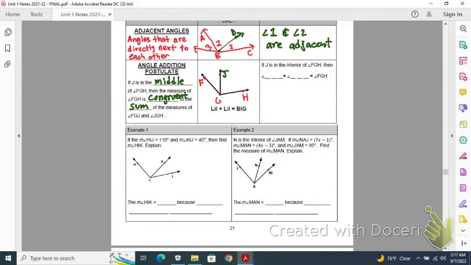As you can see, angle FGJ and angle JGH would add up to the total angle of angle FGH.